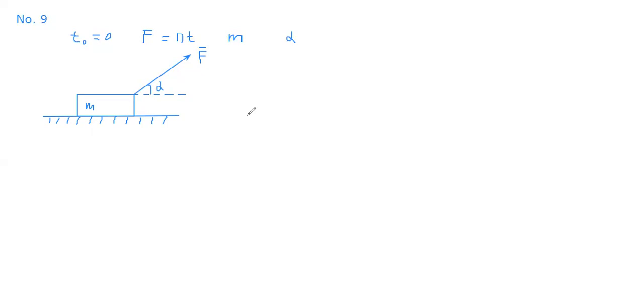And we have to find the velocity at a moment in time when body comes off the surface, and the path that the body traverses until this moment in time. Okay, maybe you have any ideas.